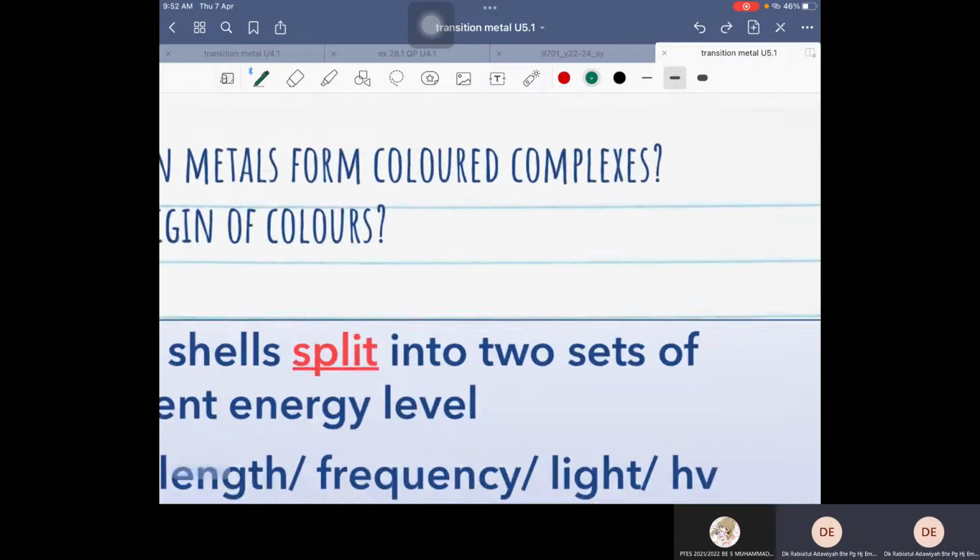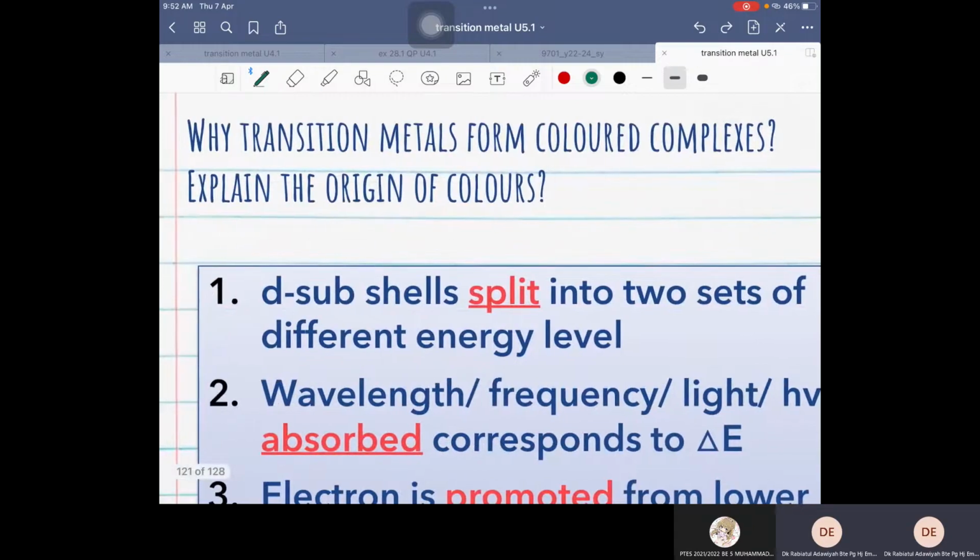Okay, so the most common question in the exam is to explain the origin of colors in complex ions, or they will say, why is [Cu(H2O)6]2+ blue colored? Okay, so the question, sometimes they try to change it, tweak it, but the answer is always the same, right?